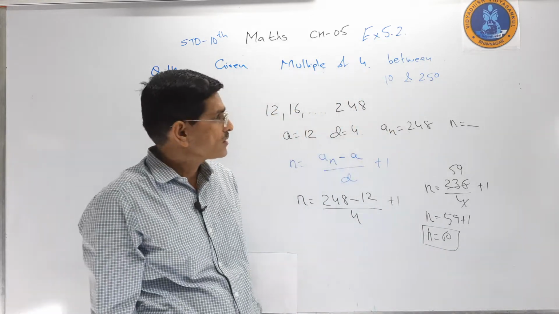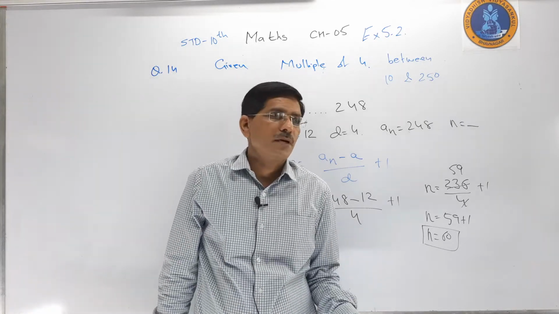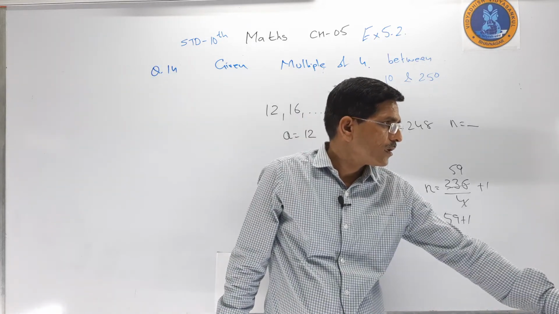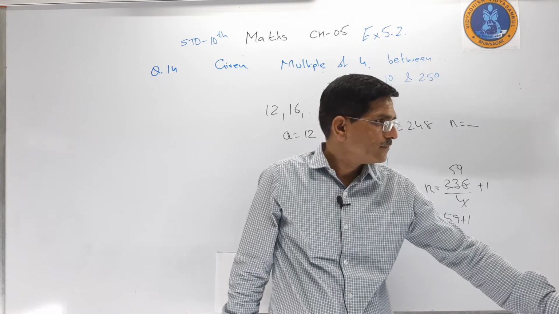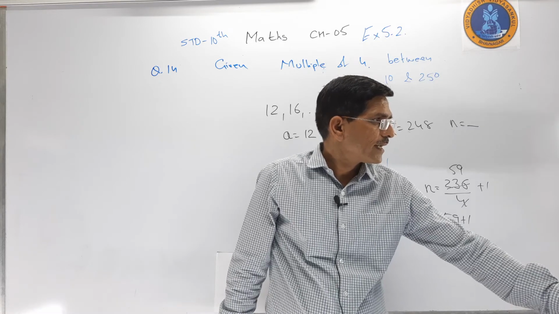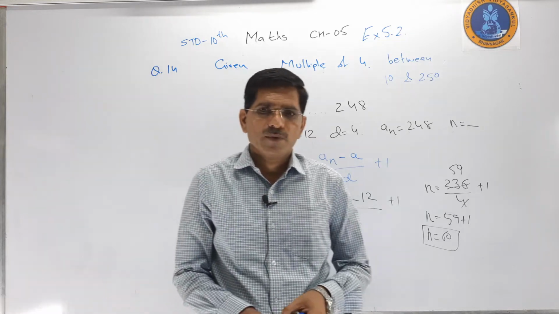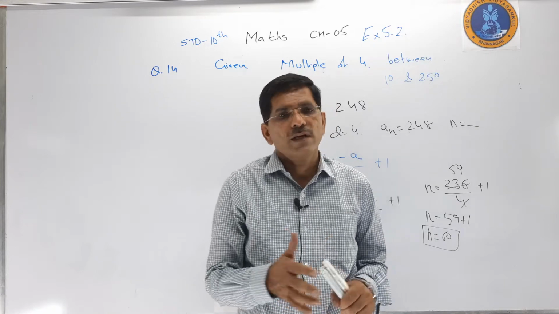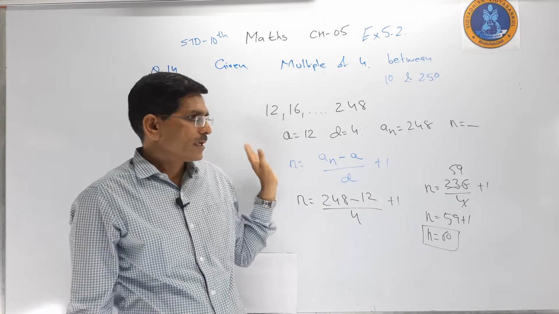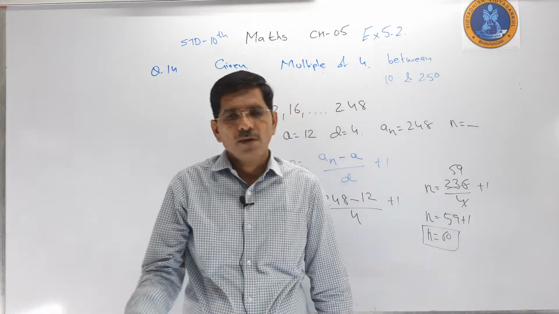Then there are sums 15, 16, 17, 18, 19, 20, 21 and some examples. We have completed sums 4 to 8 already. In each lecture we have to go through at least 10 sums. In the last lecture we already completed some, today I have completed up to 14 sums, and from 15 we go in the next lecture.